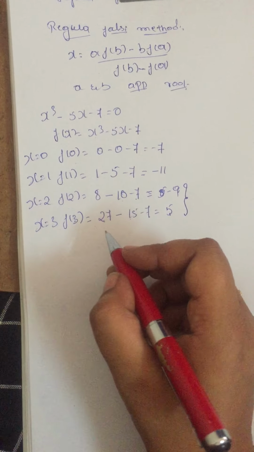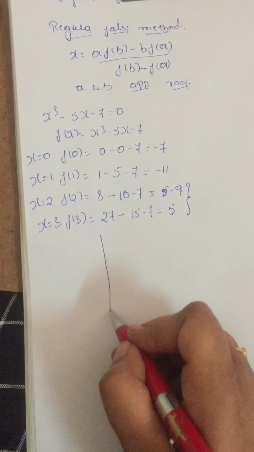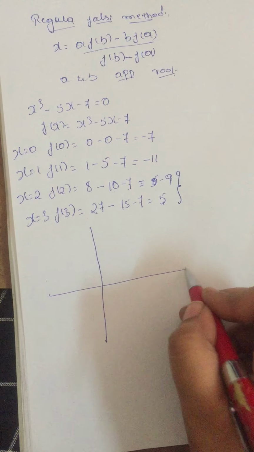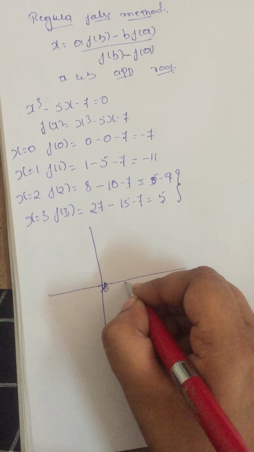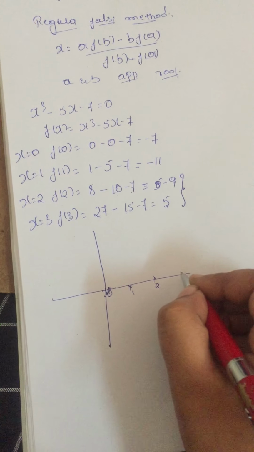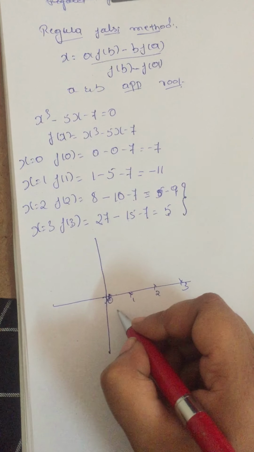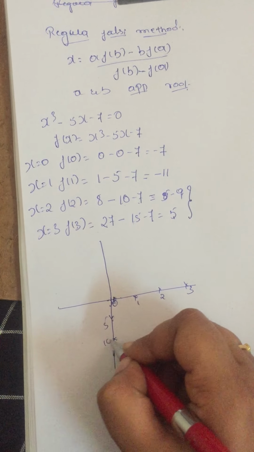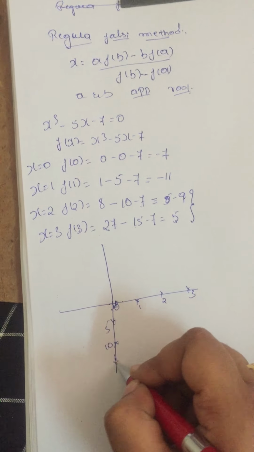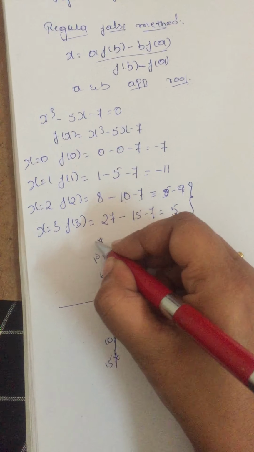I think all of you get an idea. See, for example, we plot the graph. Here x values 0, 1, 2, 3, and corresponding y values we take plus 5, plus 10, plus 15.